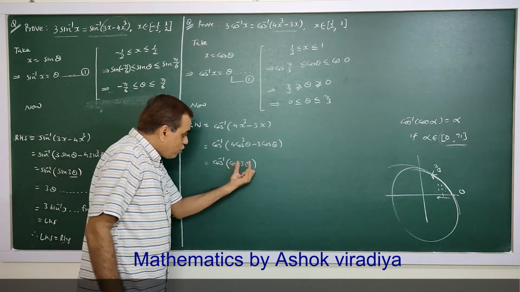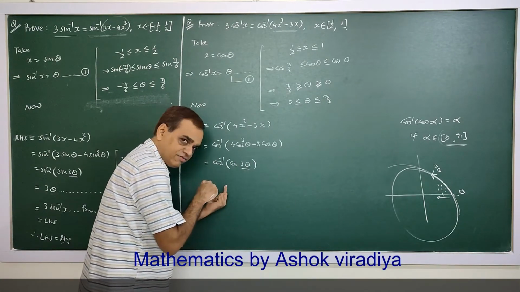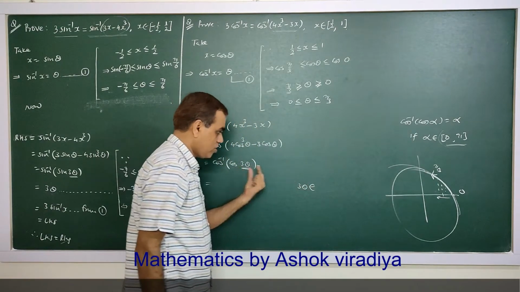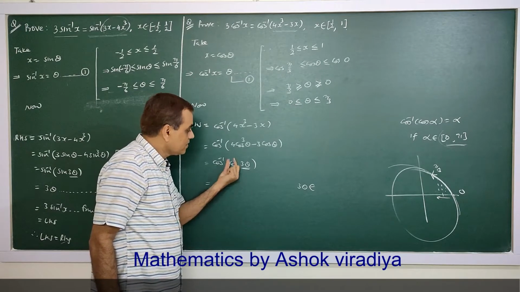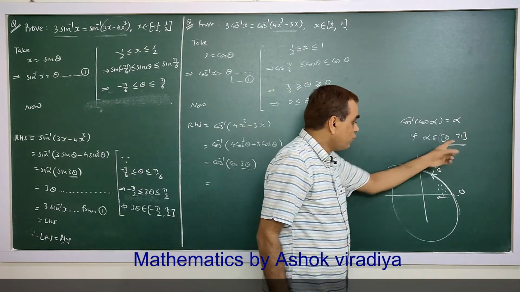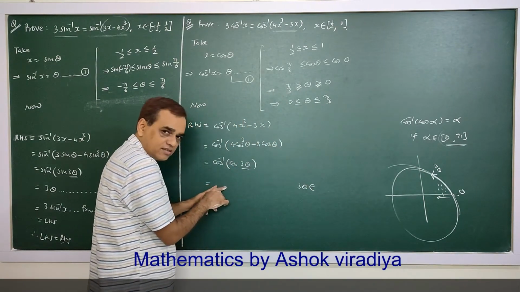Cos inverse cos 3 theta equals 3 theta if 3 theta belongs to the domain of cosine, 0 to pi.